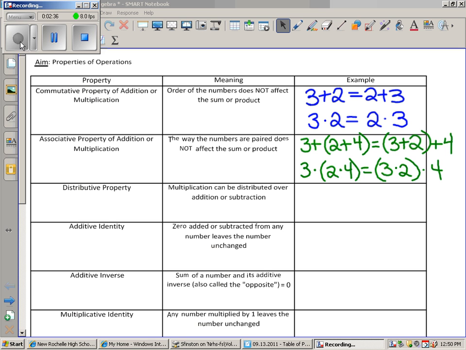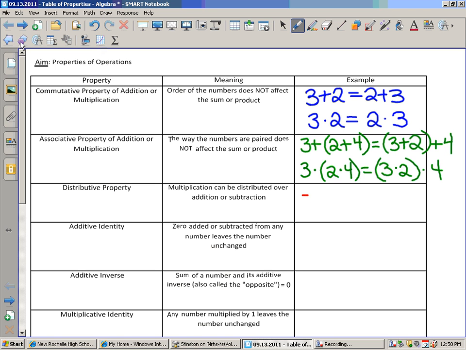Distributive property. Anybody know distributive property? Oh, yeah. Yeah. Distributive property. So check this out. I don't know, 7 is my favorite number.